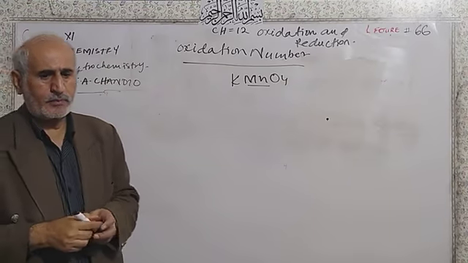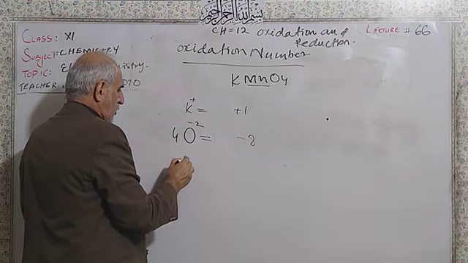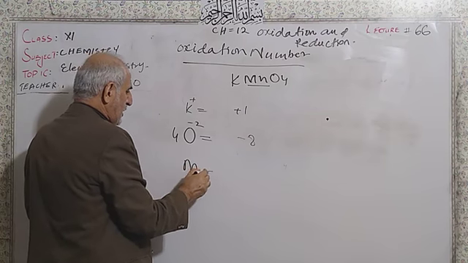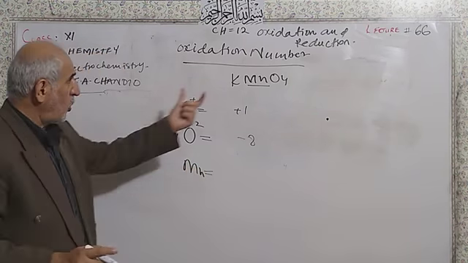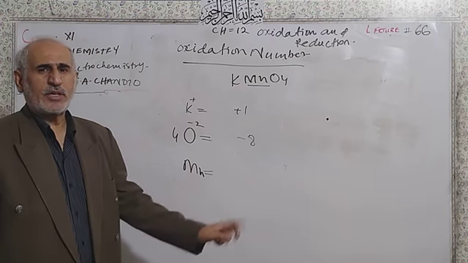Potassium is an alkali metal, which has a positive 1 charge. Oxygen has negative 2 charge. The whole compound is neutral, with zero oxidation state.